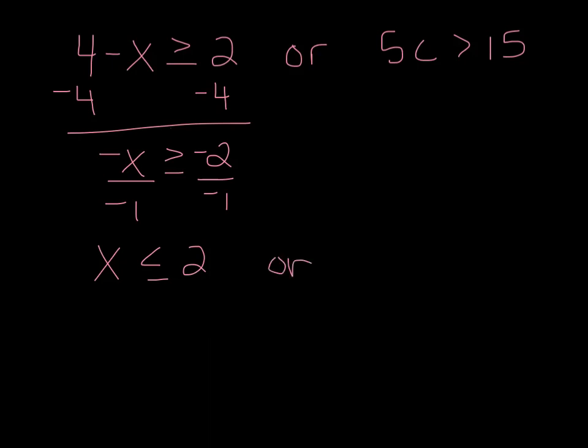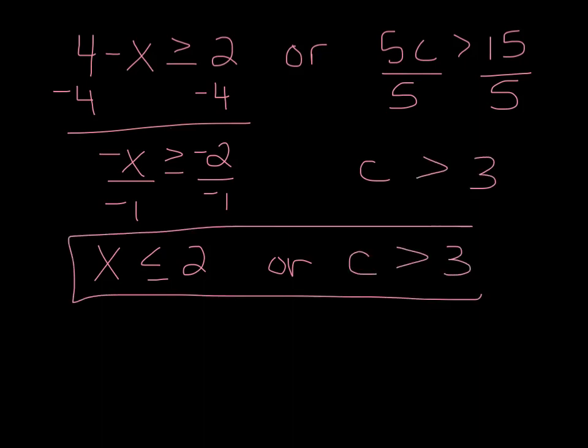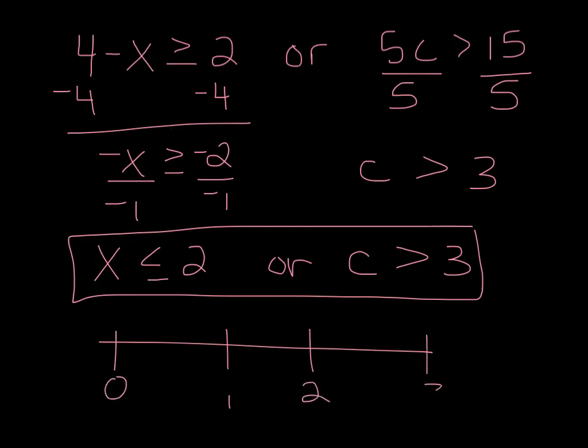Or, then we have to solve this one by dividing by 5. x is greater than 3. So here is your solution. To graph that then, 0, 1, 2, 3. We'd have open circle on 3, closed on 2. This should be an x here, sorry.